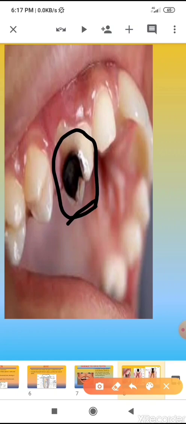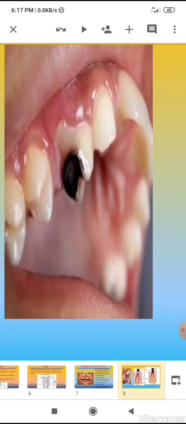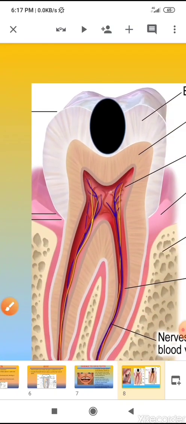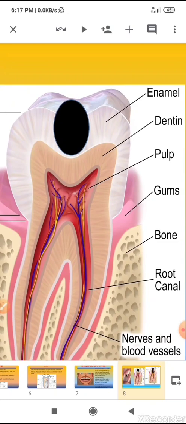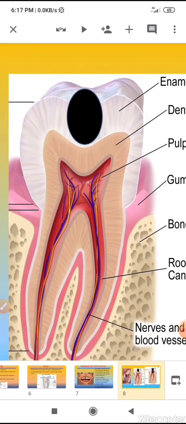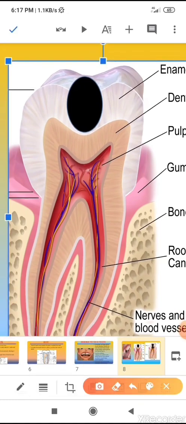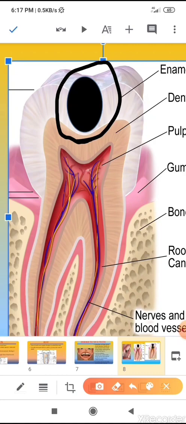So when these cavities are present only up to the enamel portion, at that time you will not get pain. Some of you are thinking that I am having a cavity but I am not suffering from pain.